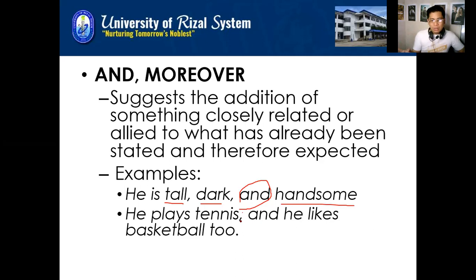Or you can also place "moreover" at the end of the sentence: he plays tennis, semicolon, he likes basketball too, comma, moreover. Or you can place "moreover" after the subject "he" in your second clause: he plays tennis, semicolon, he, comma, moreover, comma, likes basketball too.